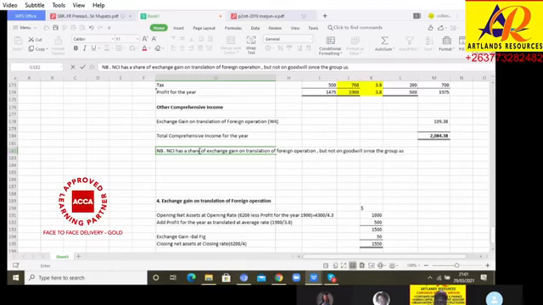The group uses partial Goodwill method. There you go.